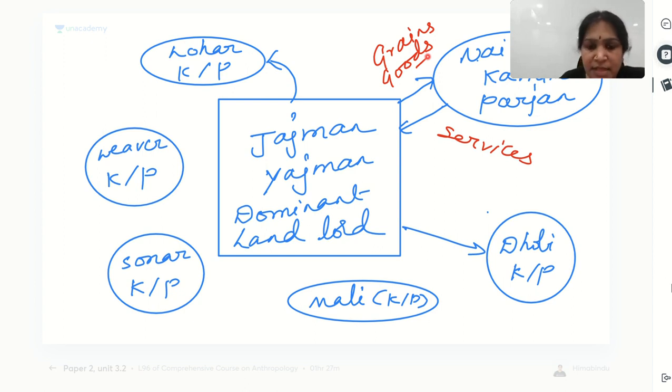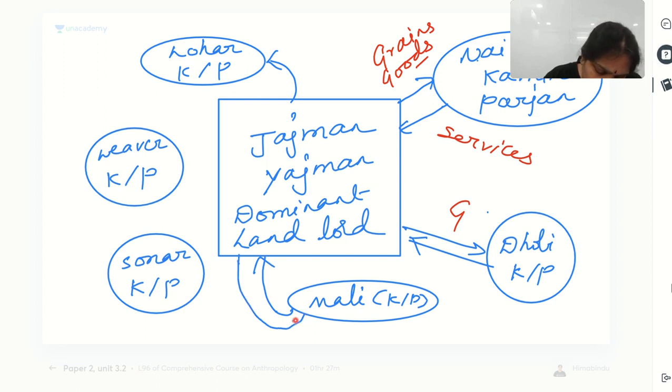In this direction, please observe the arrow mark also, grains. In the reverse direction, services. And again here also, in this direction services, in this direction grains. Services, grains, services, grains. Is it clear?